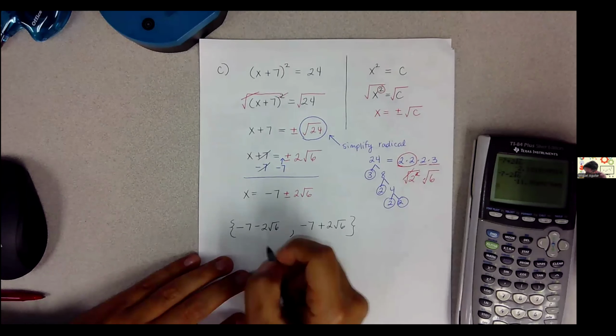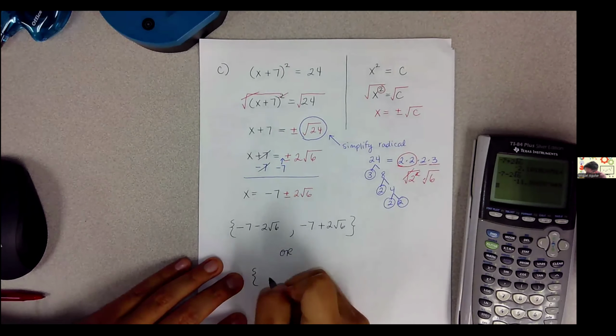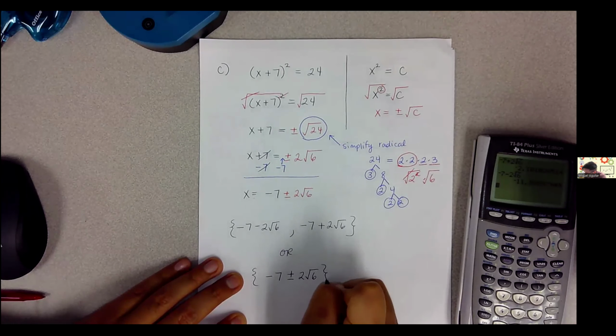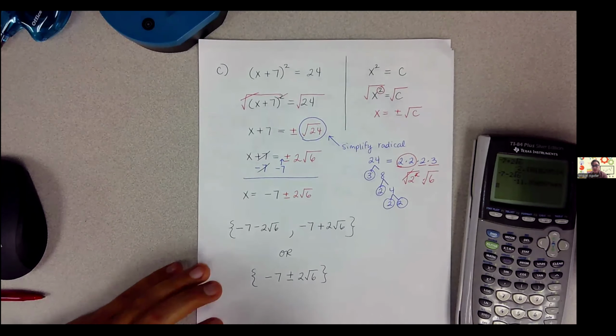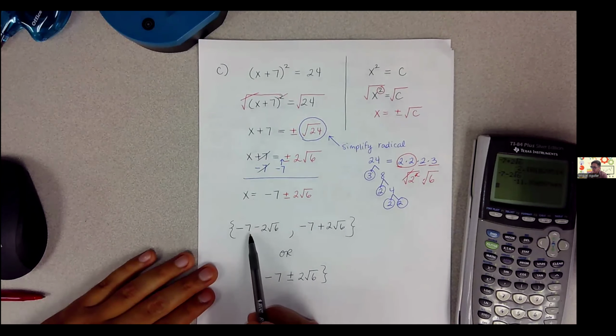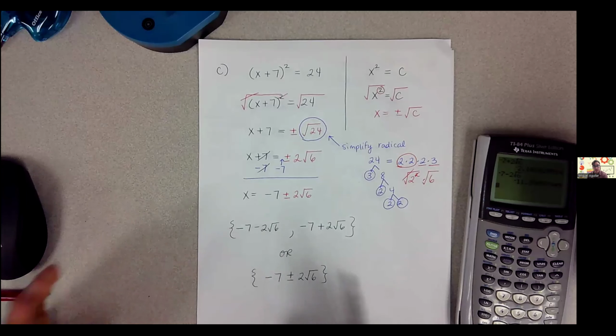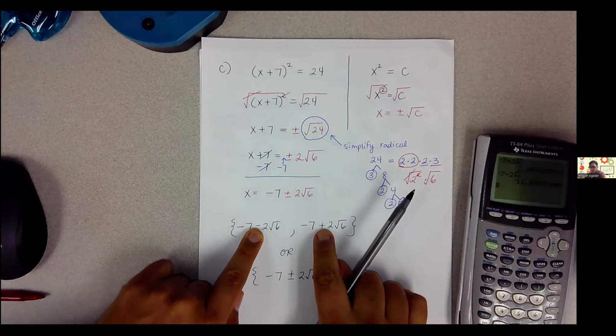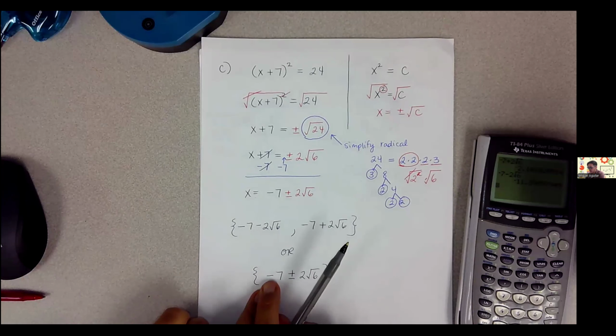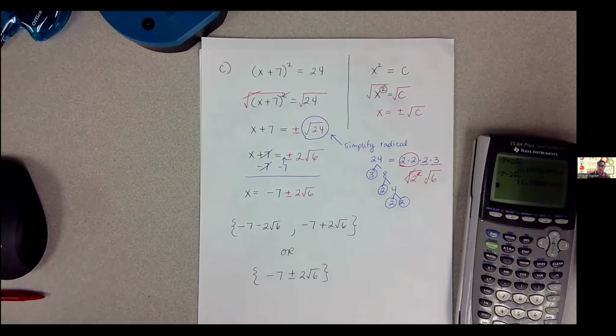So instead, you might simply write your solution set as negative 7 plus or minus 2 root 6, just as we did when we solved the equation. So either of these will be acceptable, but you have to get used to this idea that if we have two solutions that are considered conjugates, that look the same with the exception of the symbol in the middle, then we can just condense them into writing it one time, putting that plus or minus symbol in the middle so that we can conveniently write fewer characters down. And that's going to be really useful for you guys later on.